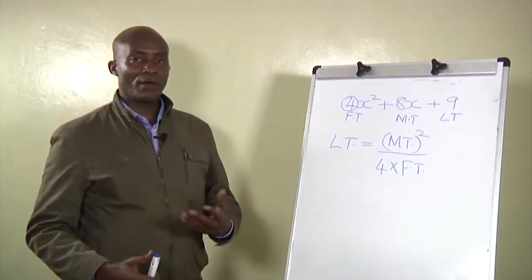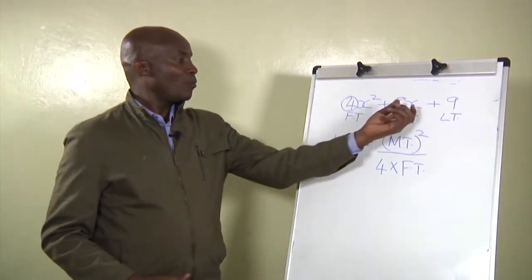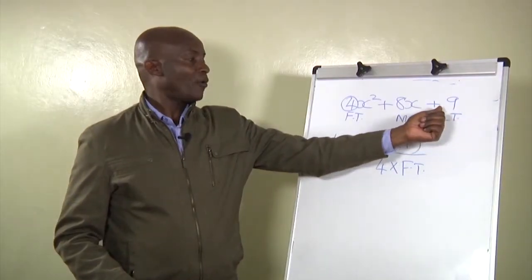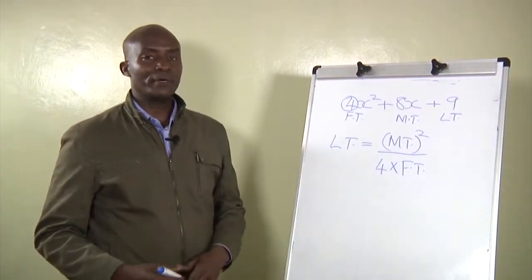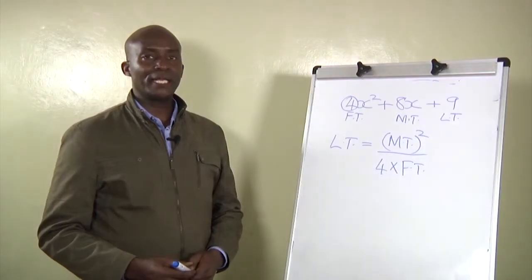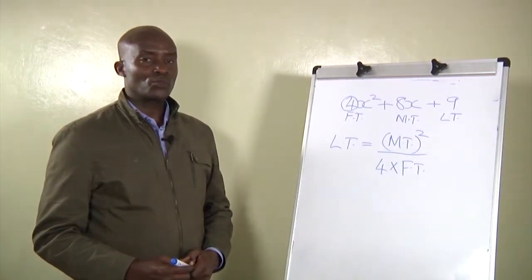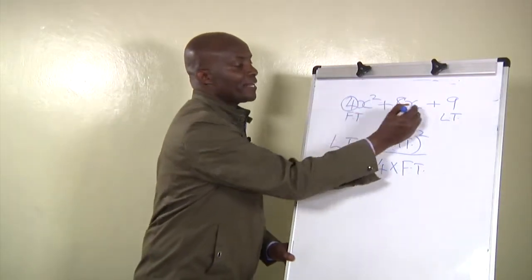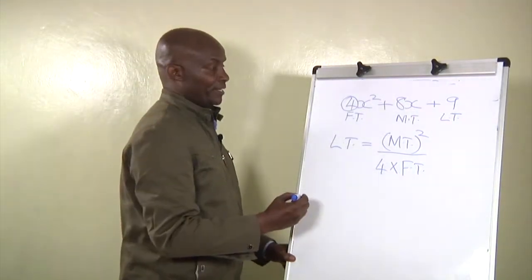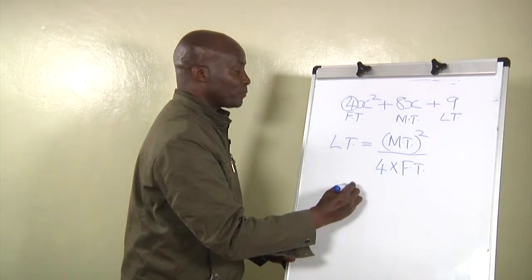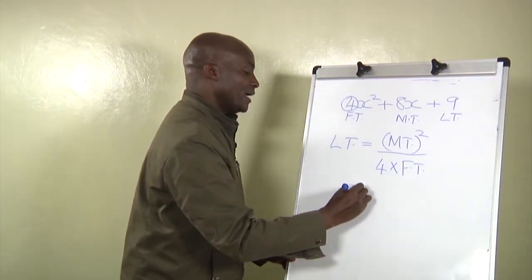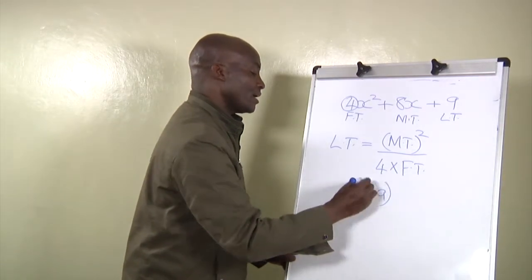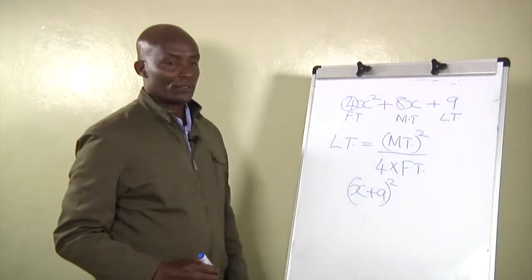Now you remember in our previous lesson, we were adding the third term or the last term in order to complete the square. And we said, what we mean by completing the square, it means writing this expression such that it can be expressed as x plus a squared.